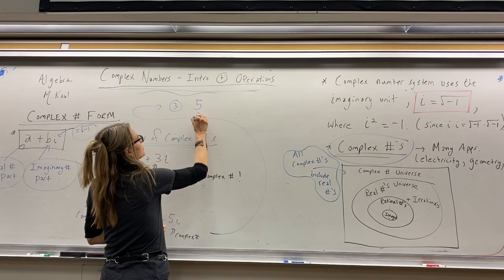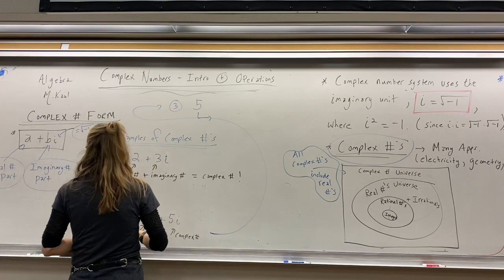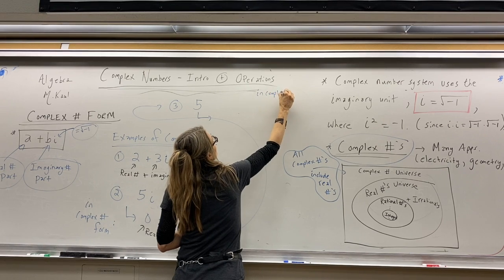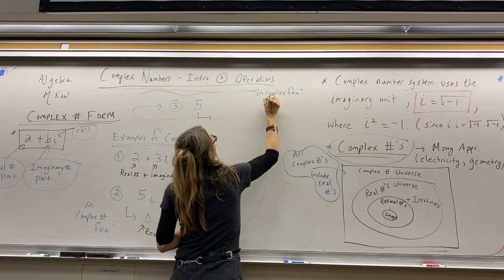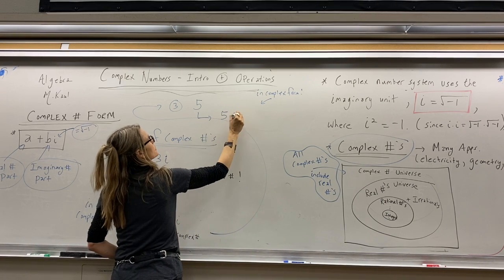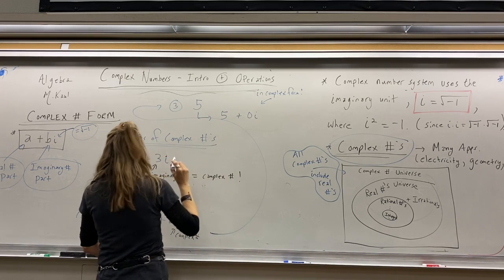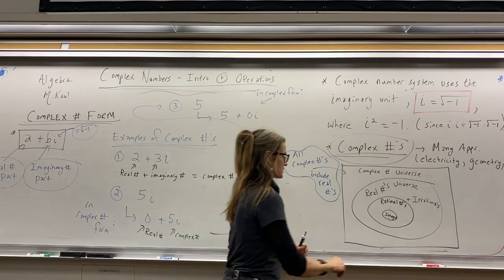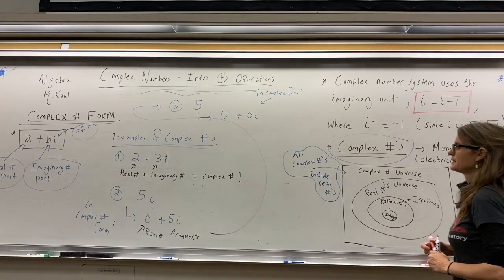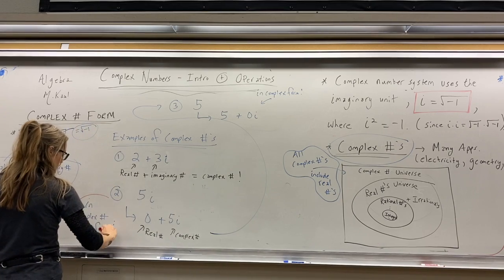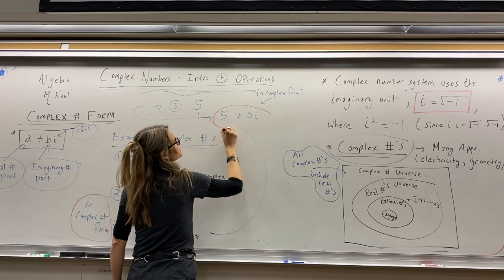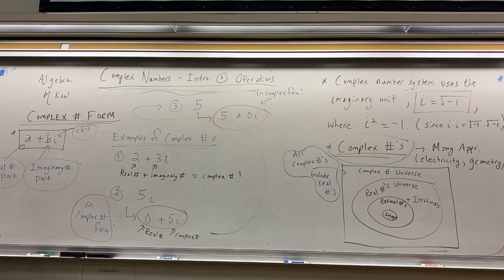So if we write this in the a plus bi form, in complex form, we're going to say 5 plus 0i. And that would be our answer in complex form. Okay, I'm going to circle these so that this is in complex form, 0 plus 5i, and 5 in complex form is 5 plus 0i. There's 0 imaginary to it. Okay, so those are some basic examples.